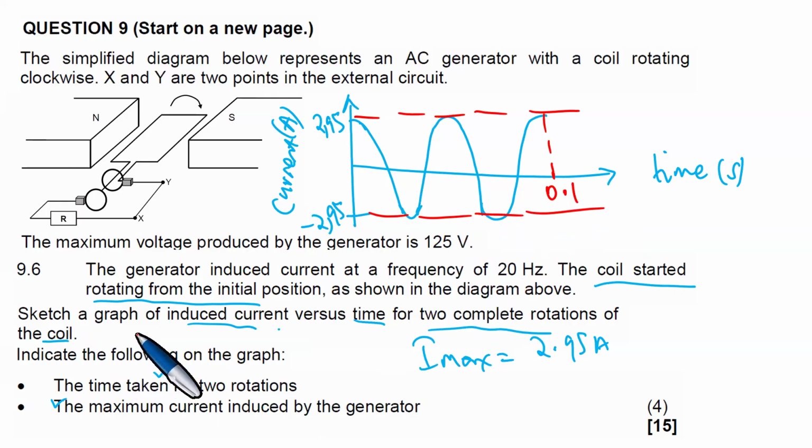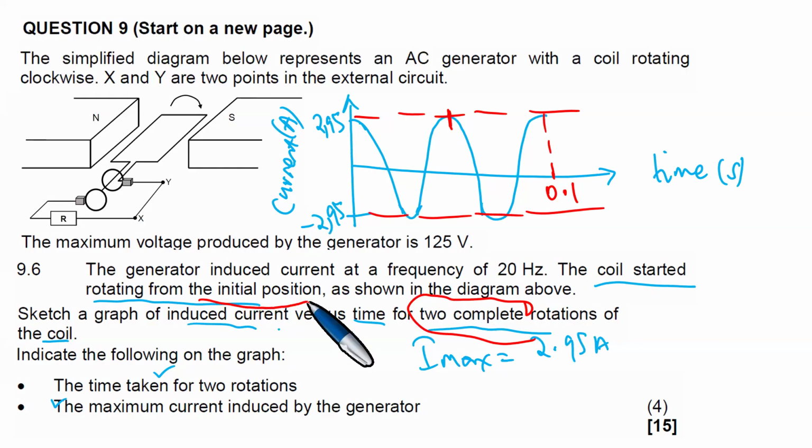We have to sketch a graph of induced current versus time for 2 complete rotations. Meaning you have here a rotation, and then it repeats again. But, as said already, the coil started rotating from the initial position.